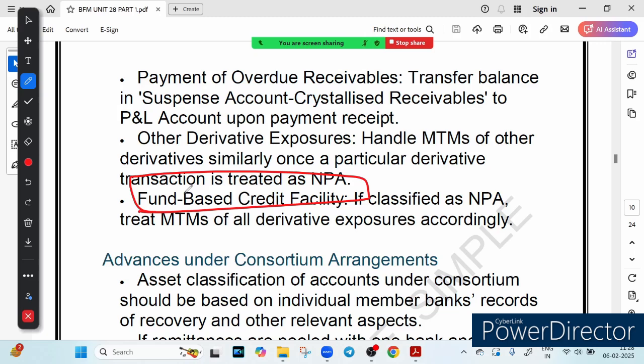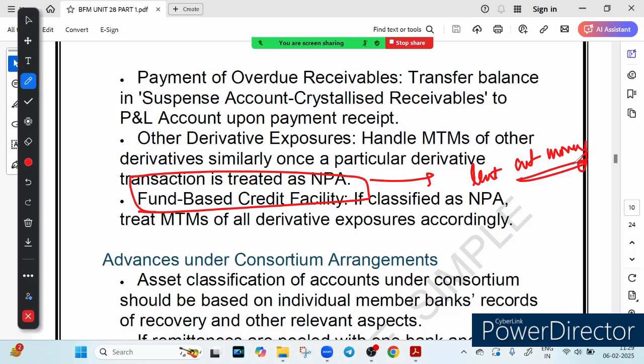It means the bank has actually lent out money, right? This is called a fund based facility. And when that particular fund based facility gets classified as NPA, the MTM of all the derivative exposure linked to that loan also needs to follow the same treatment. It is a full system. If one loan goes bad, all the connected derivatives are treated the same way.